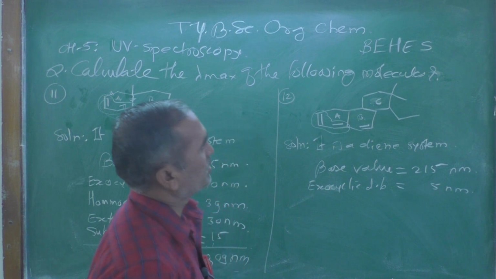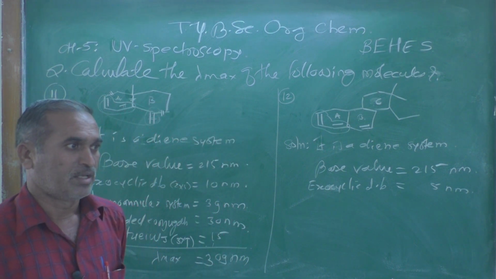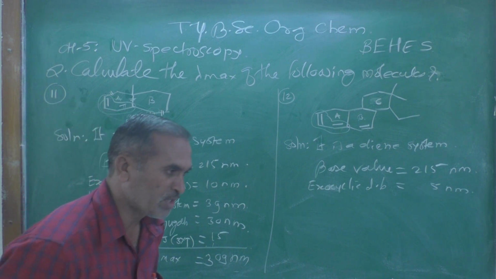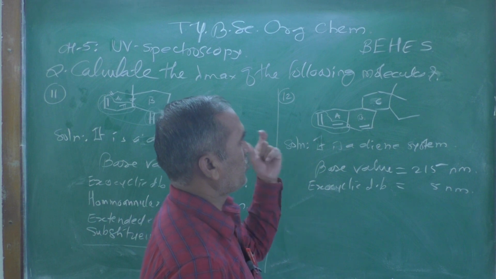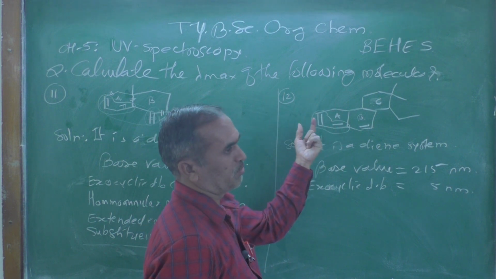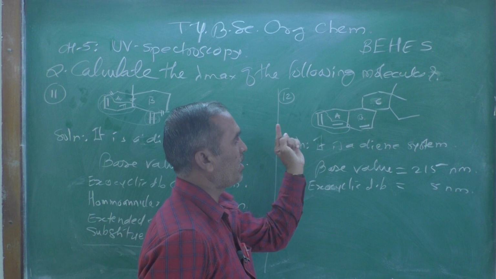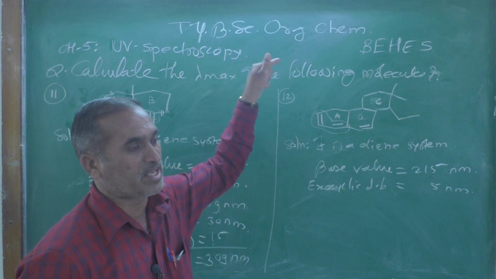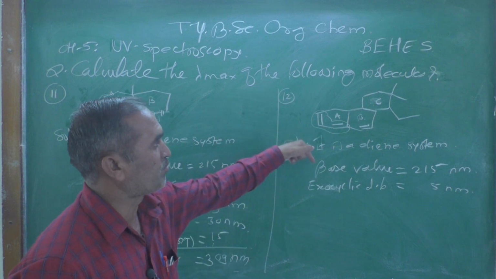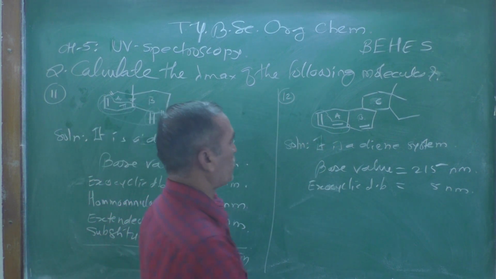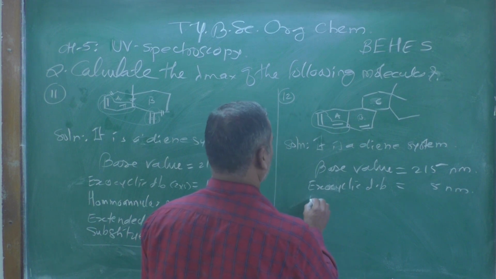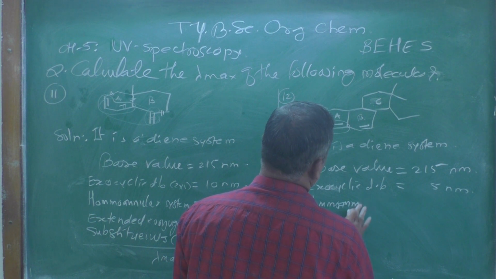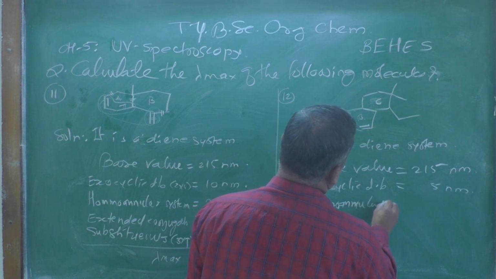Now move on to the next one, H. Does this compound contain a homoannular system? Yes. If you observe this structure carefully, ring A contains two double bonds in the same ring and they are in conjugation, therefore here it has one homoannular system, and therefore you can write it down: homoannular system.